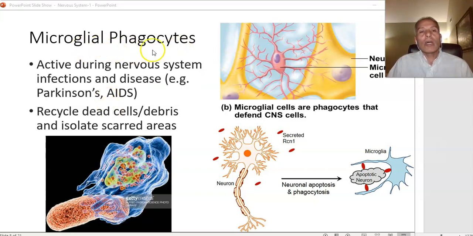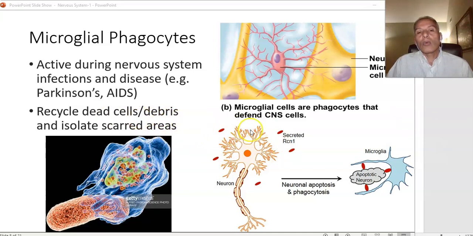So these microglial phagocytes go around between neurons and around the brain and the spinal cord, and they clean up any debris, any destroyed neurons that are dying. They swallow and clean it up, and they recycle dead cells.